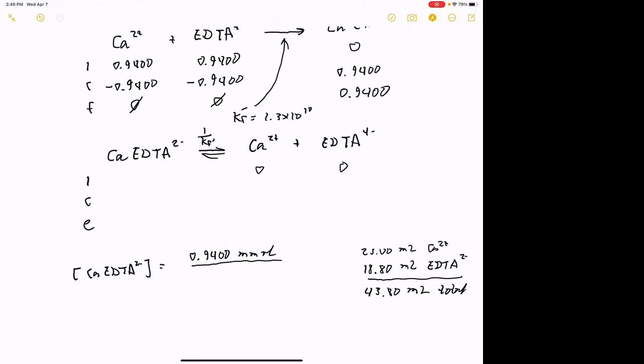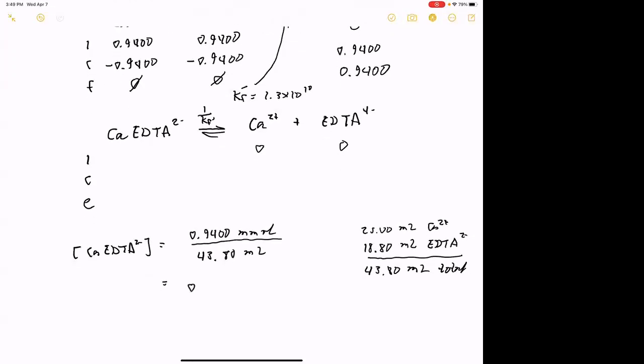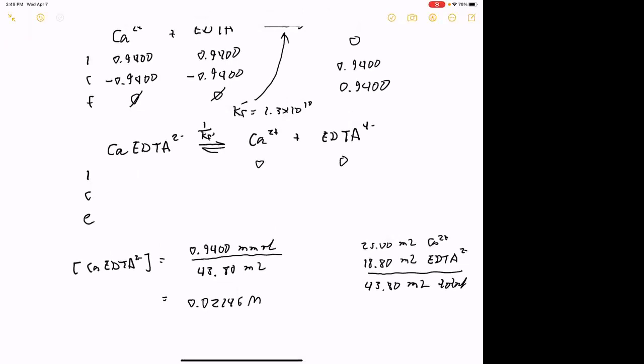So that's what goes in the denominator. It's always V total. And when you work this out, you get 0.02146 molar.